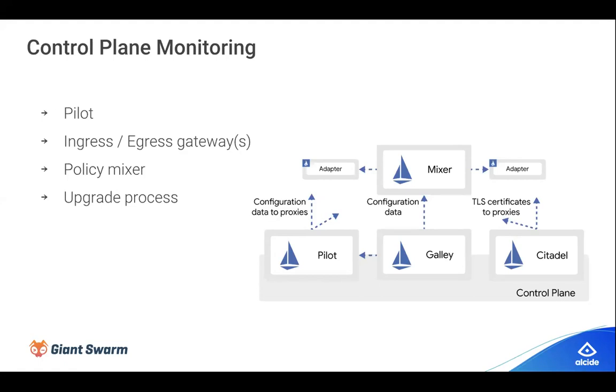And even though the community is providing good documents on how to make this transition, it's good to really take a look at that and monitor this upgrade process closely, so there is no impact on the traffic of the mesh.